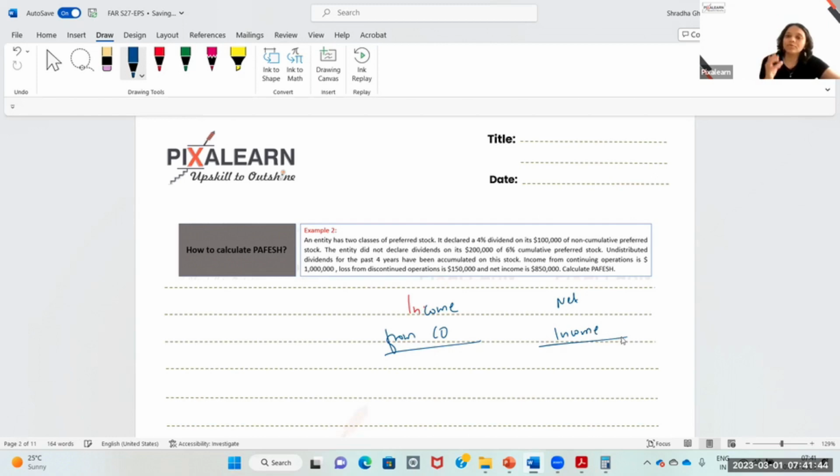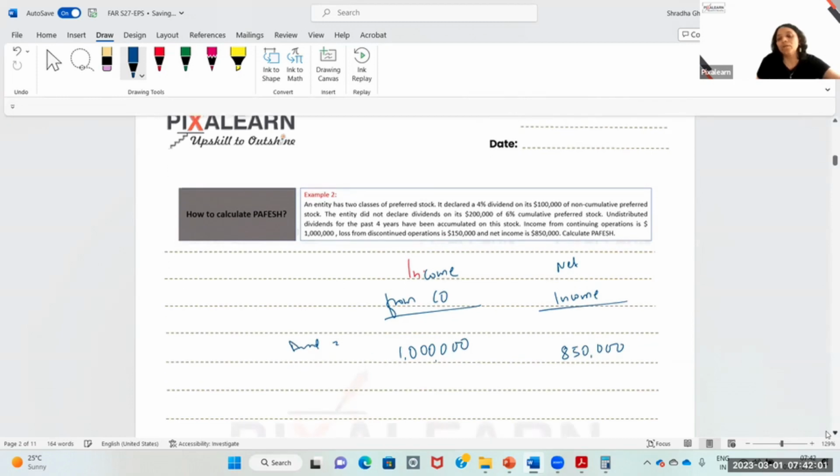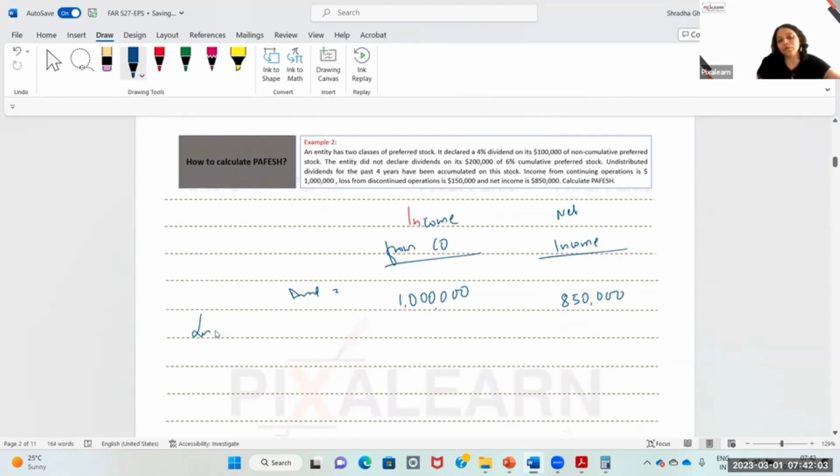Okay, so for these two figures, we have to calculate the profit. So how do you do that? You will take the income. So what was the amount that was reported? The amount is $1 million from income from continuing operations and $850,000 for net income. Now from here, I'm going to reduce my preferred dividends. How much preferred dividend will I reduce?